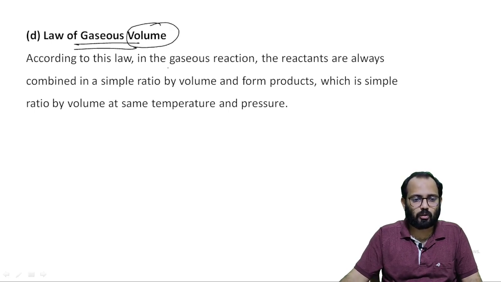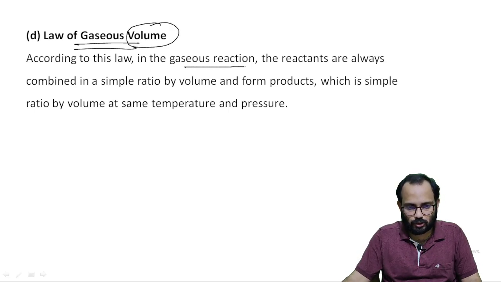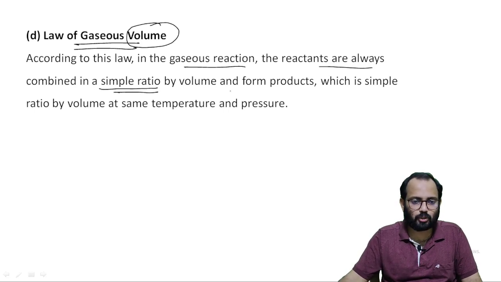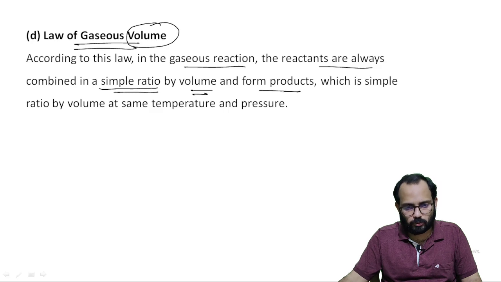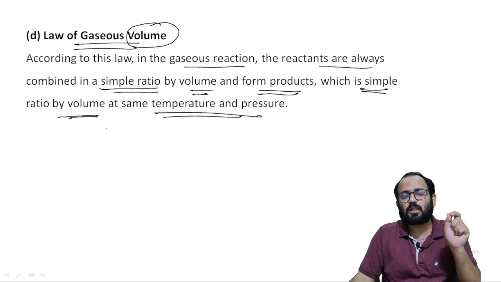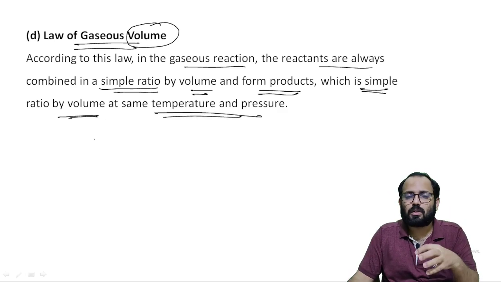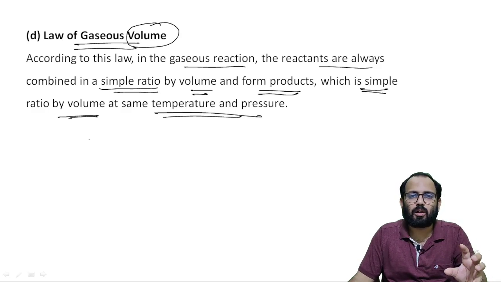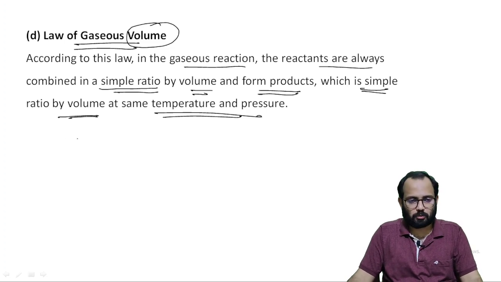According to this law, in a gaseous reaction, the reactants always combine in a simple ratio by volume and form products which are also in a simple ratio by volume at the same temperature and pressure. If the temperature and pressure are the same, the gases combine or are produced in a chemical reaction in a simple whole number ratio of their volume. That is what they are telling.